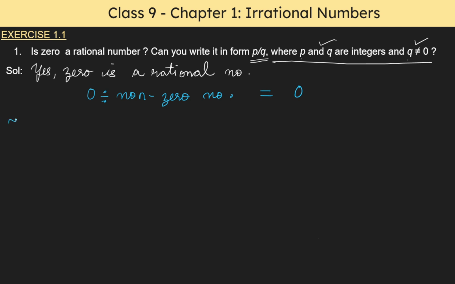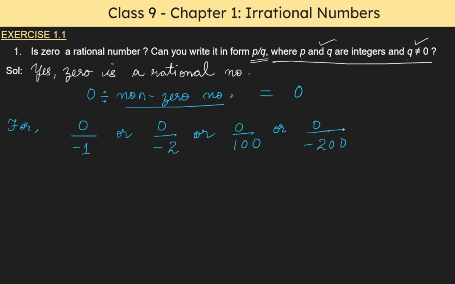So for example, take 0 and divide it by any non-zero number, which means take either a positive number or a negative number other than 0. So put here -1, or let us frame one more number like -2, or 0 by, let's say, 100, or 0 by -200, or whatsoever.